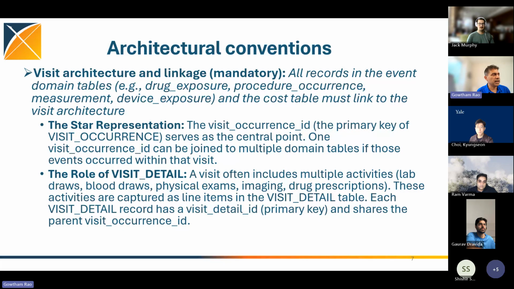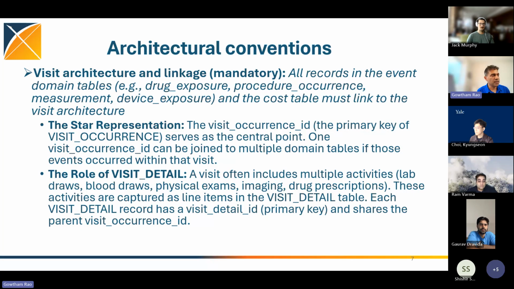Again, it's opinionated. We're going to say Themis convention, visit architecture and linkage is mandatory. All records in the event domain tables, drug exposure, procedure occurrence, measurement, device exposure, should be linkable to the cost table via the visit. So there is no way to link cost to drug directly.